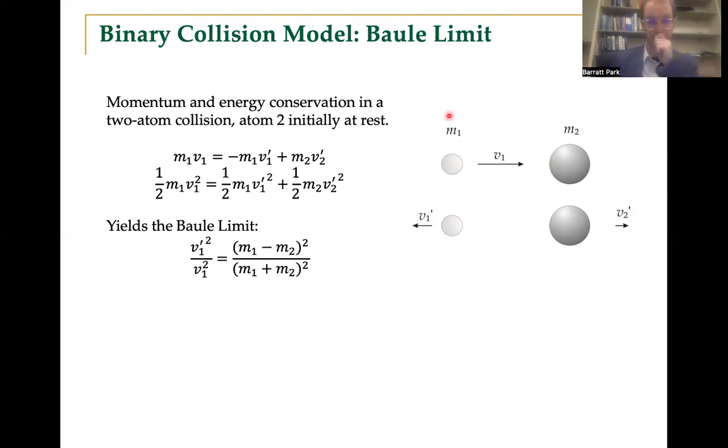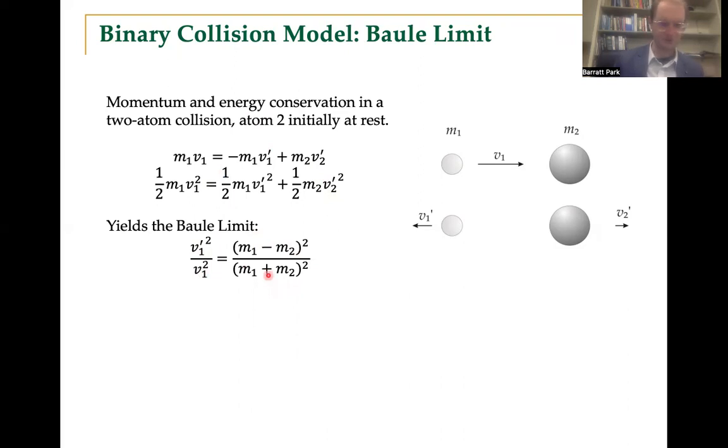If you just consider an elastic collision that conserves momentum and that conserves kinetic energy, then you can take these two equations and solve for the two unknowns, v1 prime and v2 prime. And if you take the ratio of v1 prime to v1 initial, so v1 prime squared over v1 squared, then this is the expression that you get.